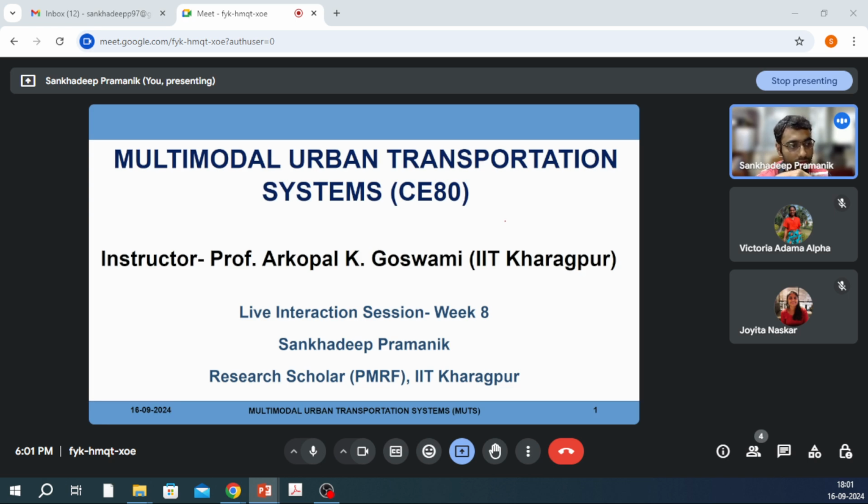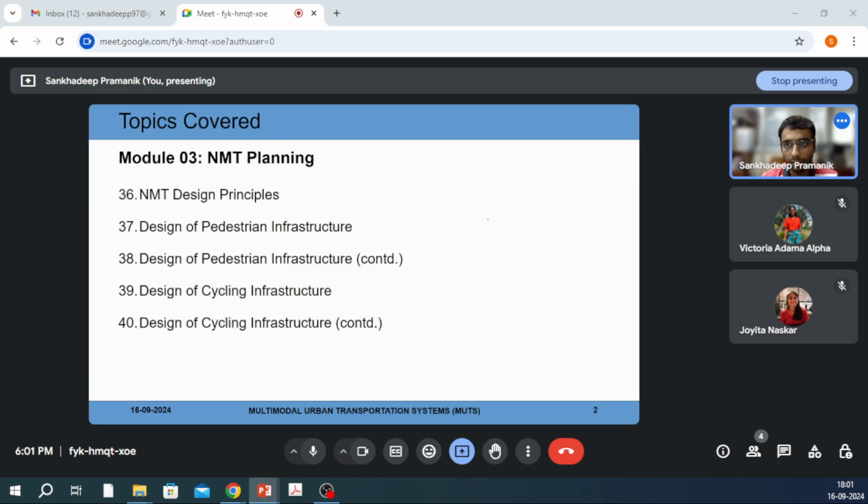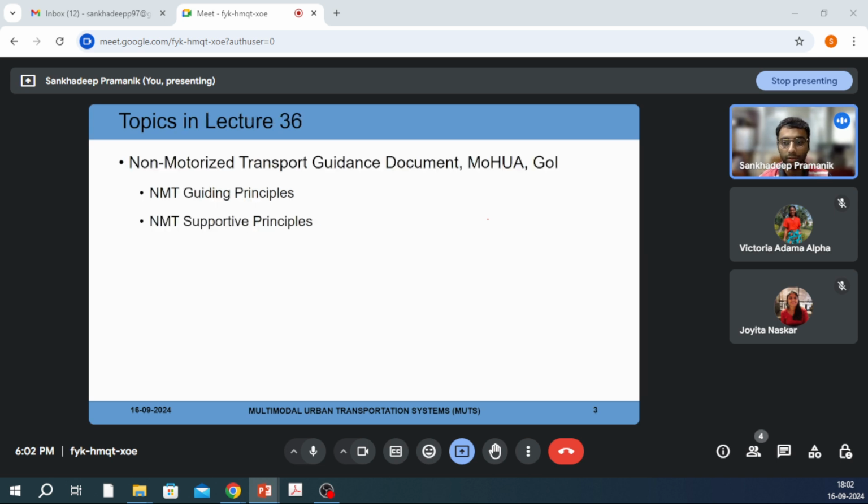We will first give a brief recap of what has been taught this week, and then proceed to the question answers. This week we were discussing non-motorized transportation planning and different planning aspects.